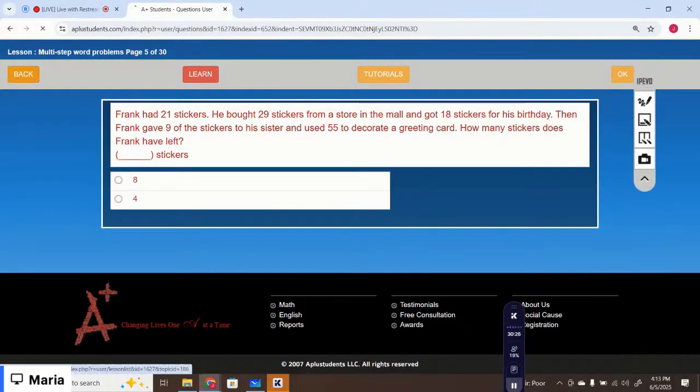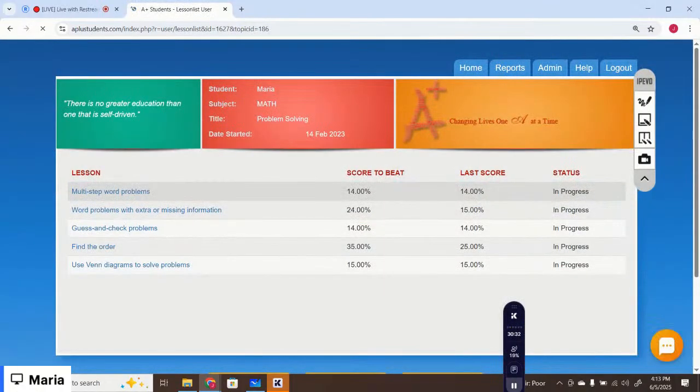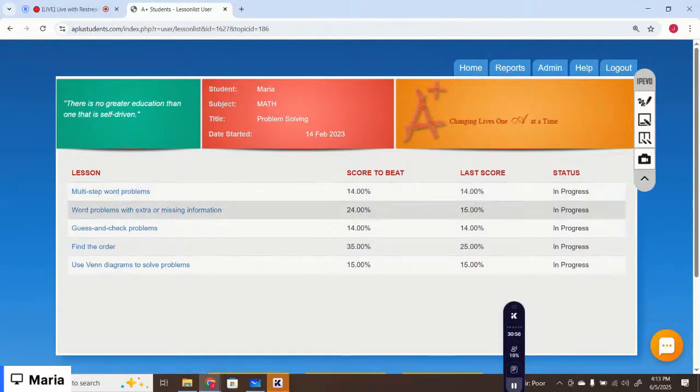You can complete the lesson by yourself every day, whenever you want, and go to the next lesson. What about problems with extra or missing information?